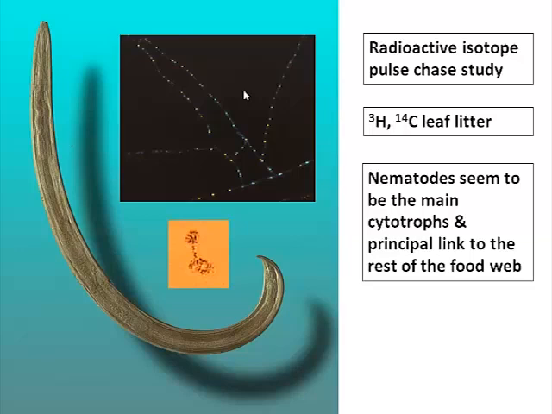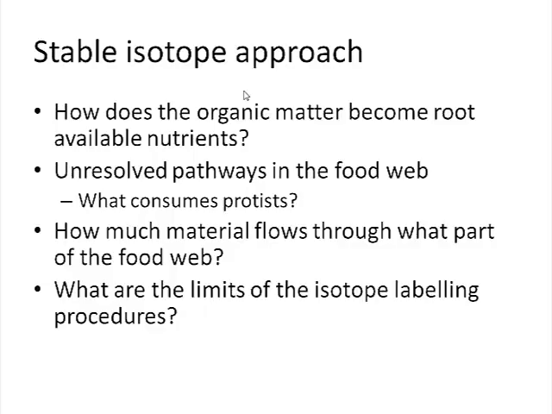The problem we ran into with the radioactivity stuff is that it's very messy. It's very hard to get nice pictures. It's very hard to get good numbers. There's always a big error bar. And so we switched to stable isotope approaches a few years ago.